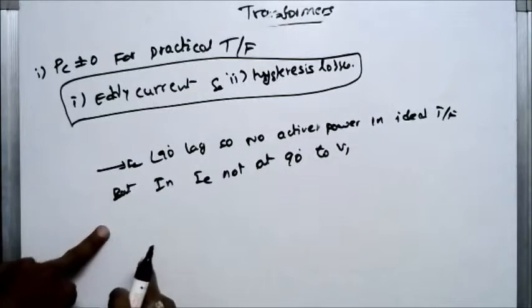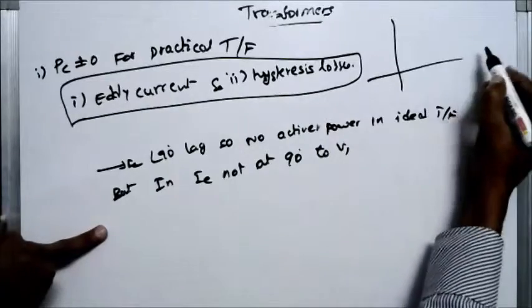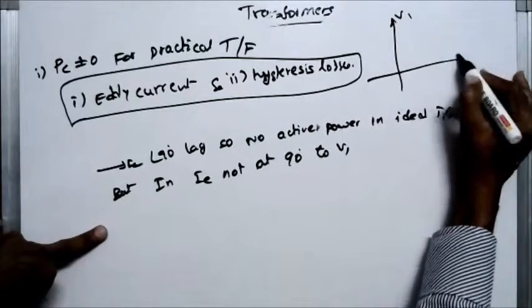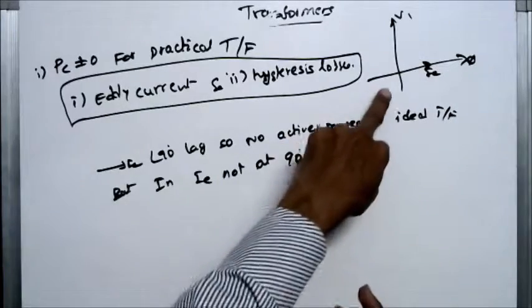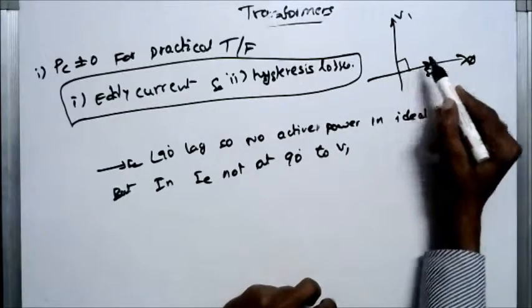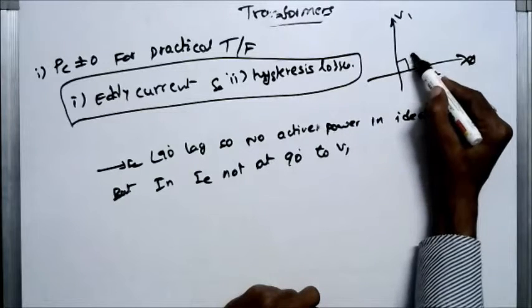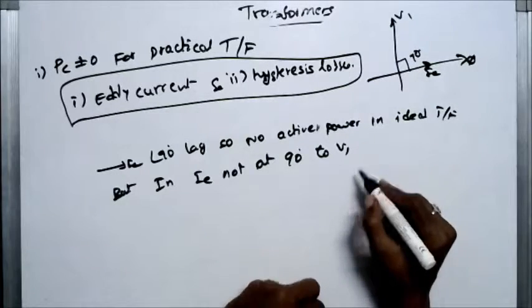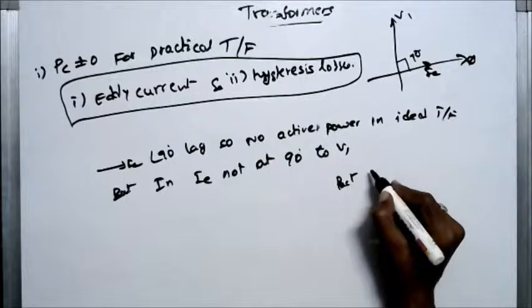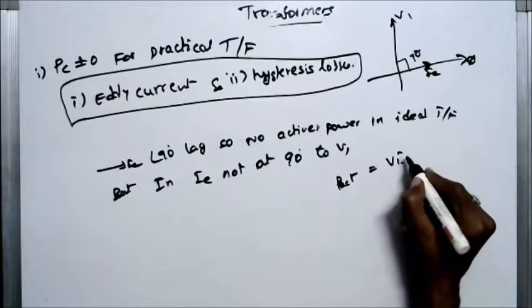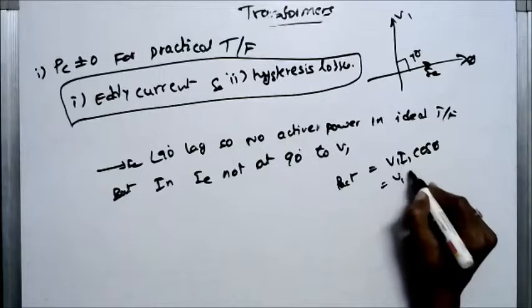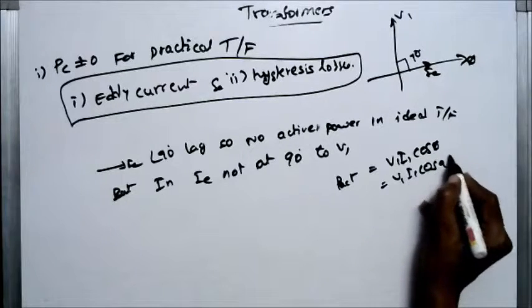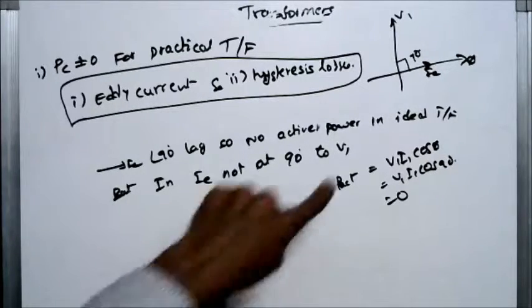See, this is V1, this is phi, this is IE. Here a 90 degrees phase displacement is there. So active power P is equal to V1 I1 cos phi, that is equal to V1 I1 cos 90, that is equal to 0. This is in ideal conditions.